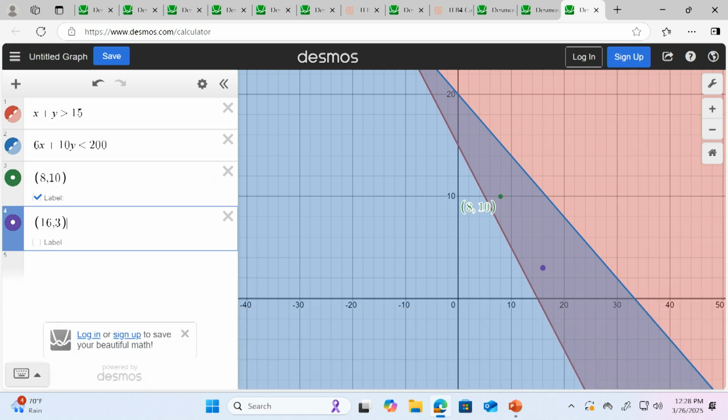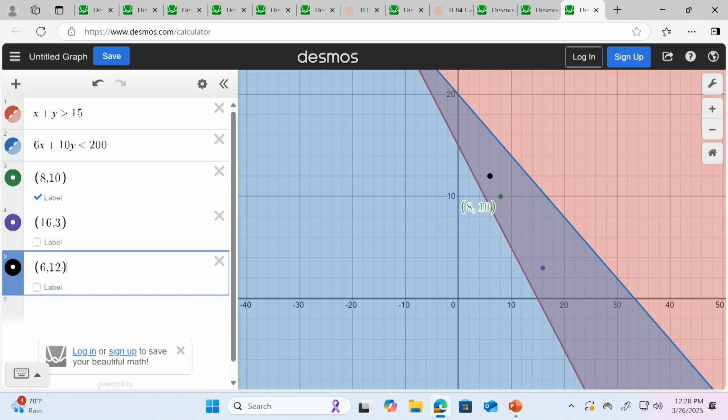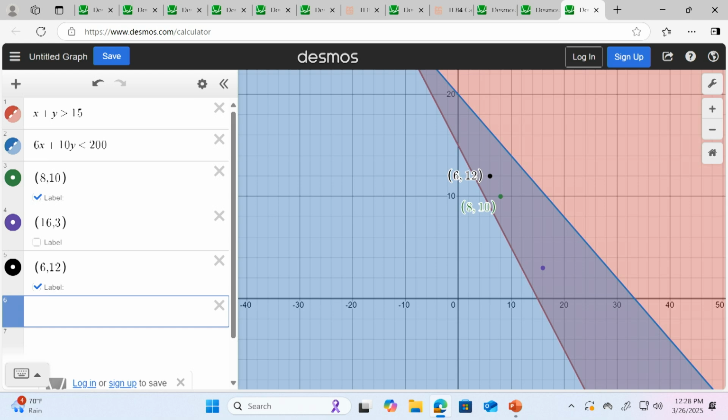Well, could I do 16, 3? Yes, I could, because it's in that purple portion between my X and my Y axis. What about this one? 6, 12. It is. And let's check this one.